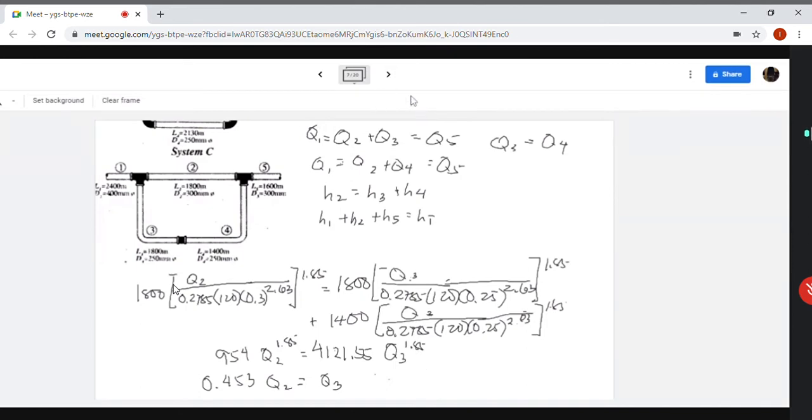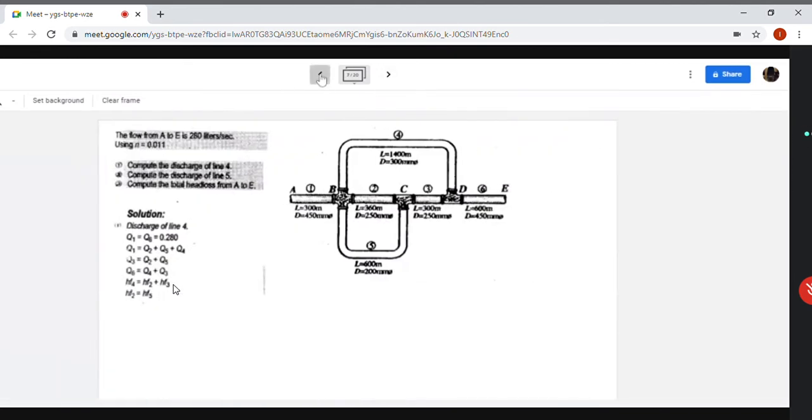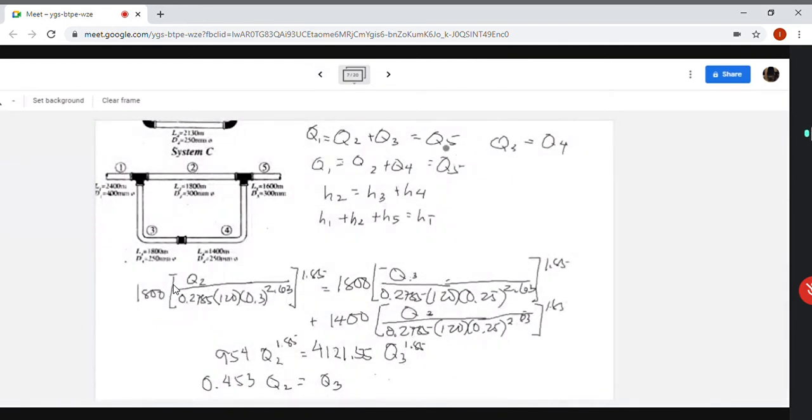So we know that Q1 is, we will use this equation for Q1. So Q1 is 0.085 is equal to Q2 plus 0.453 Q2.